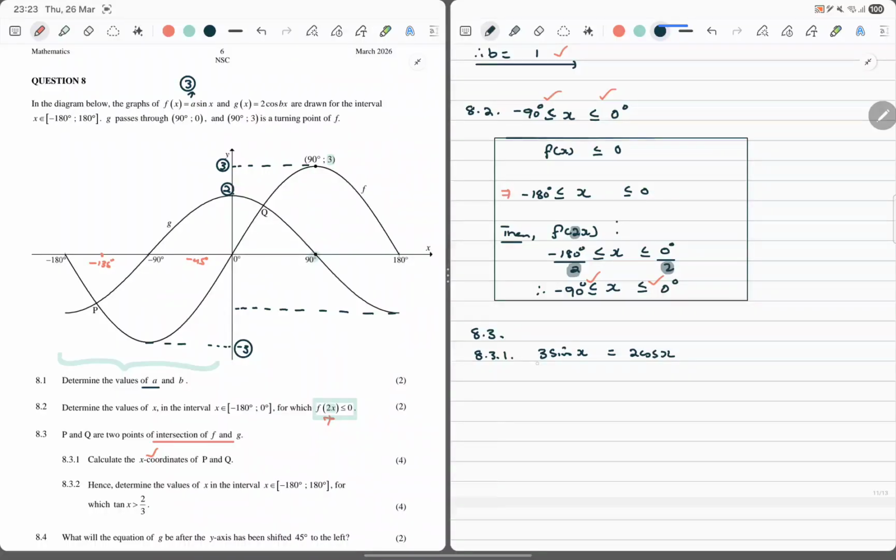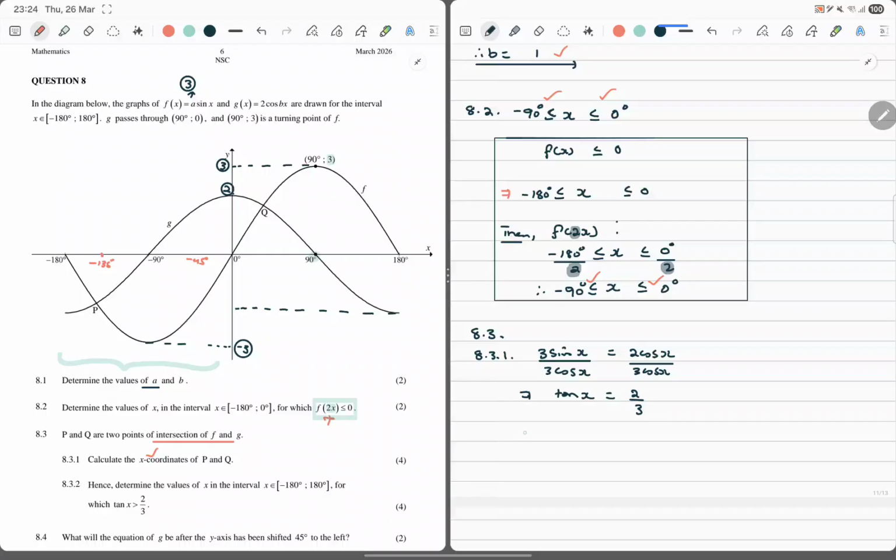Okay, here we can divide by basically 3 cos x. Remember, in math you divide by anything you want to eliminate, and when you do that, life becomes nice and easy. So this means you've got tan x is equal to 2 over 3.